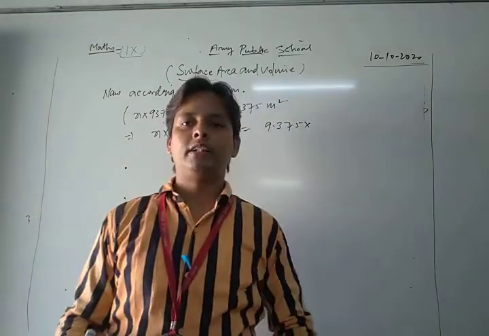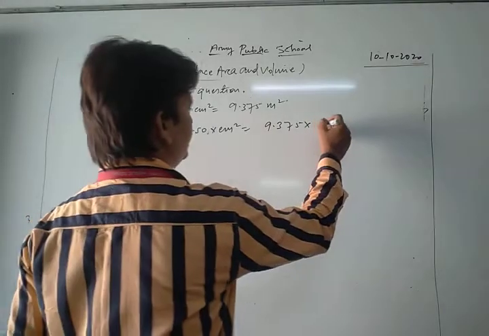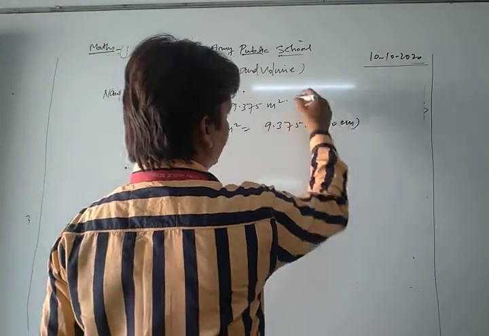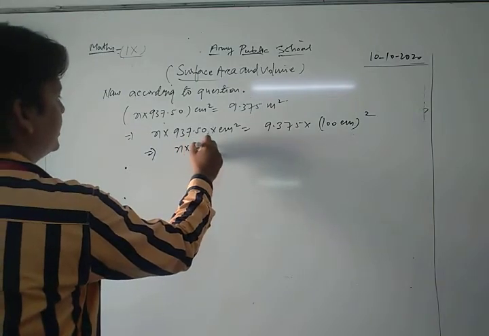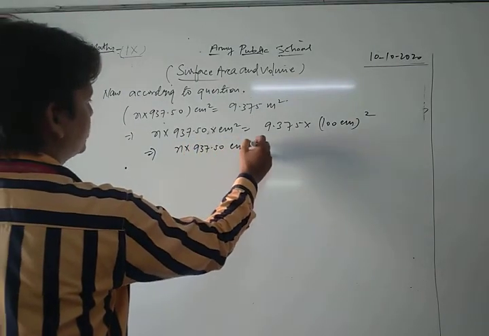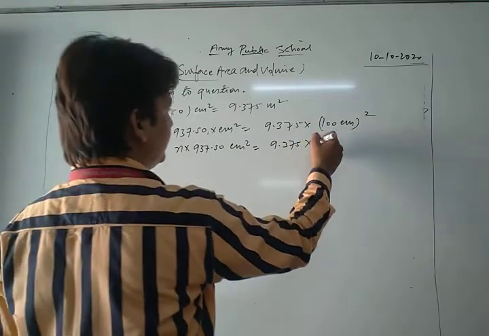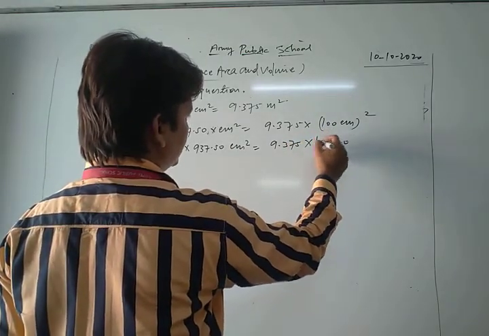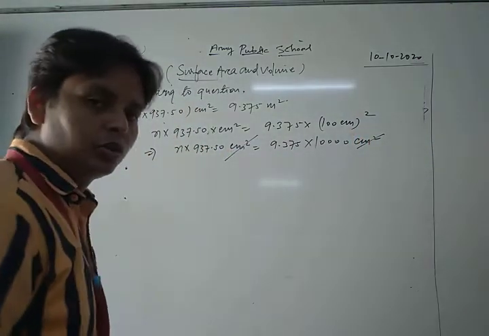You know that very well. There are 100 centimeter in 1 meter, so here we put 100 centimeter and square, as it is. Now what do I get? We get 10,000 into centimeter square. Centimeter square cancel to each other.